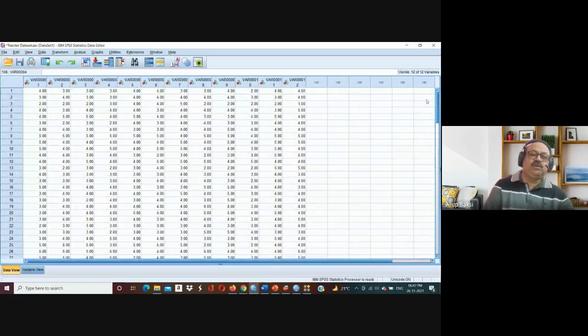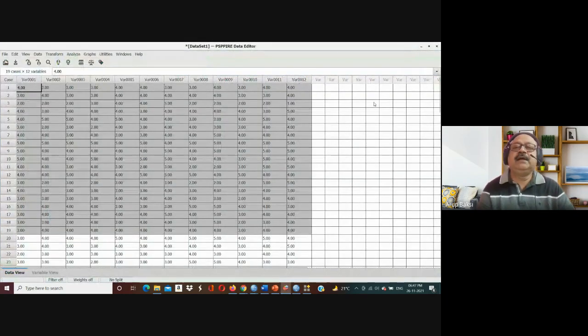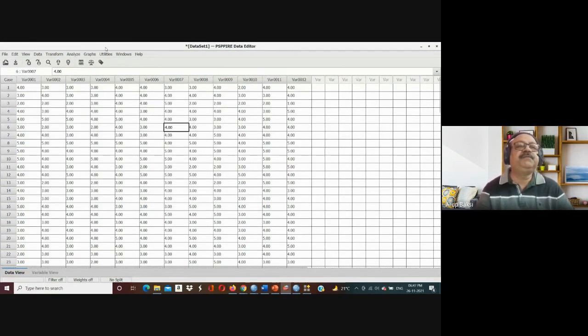Now, as I have told you, I will show you parallelly the software that is almost similar to SPSS, which you can use absolutely free of cost. Now, this is the PSPP interface. You see, in the PSPP interface also, you can get this kind of a view, this is the data view, and this is the variable view.